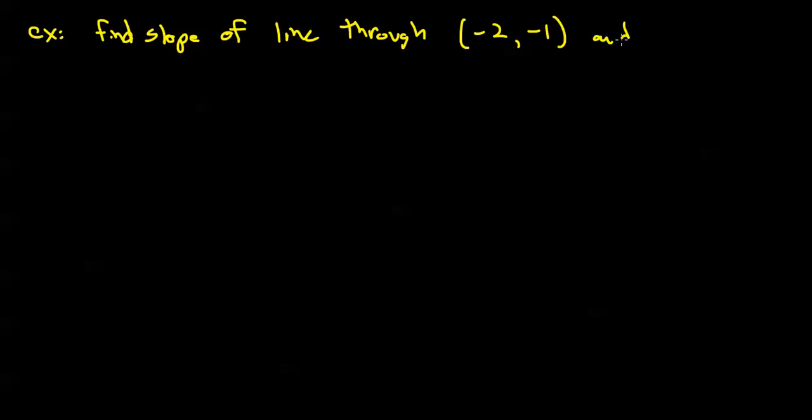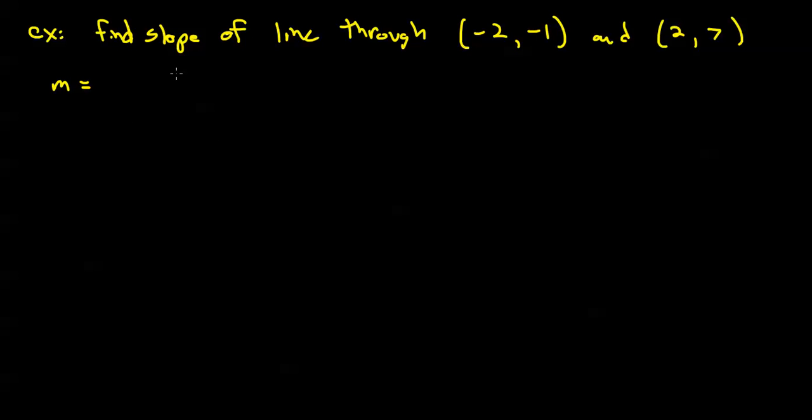Example. Find the slope of the line through minus 2, minus 1, and 2, 7. I'm not going to bother to label these.